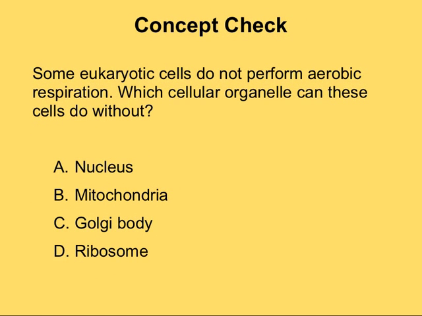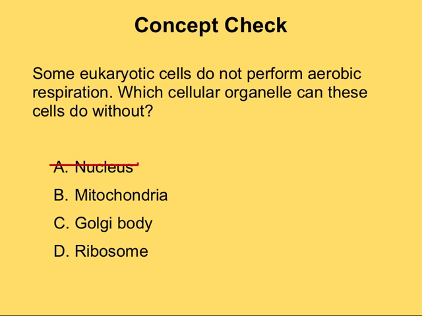So let's have a quick concept check before we wrap up this section. Some eukaryotic cells do not perform aerobic respiration. So which cellular organelle can these cells do without? Now, all eukaryotic cells certainly need a nucleus, so we can cross that one off the list. What was the Golgi body, or the Golgi apparatus, involved in?